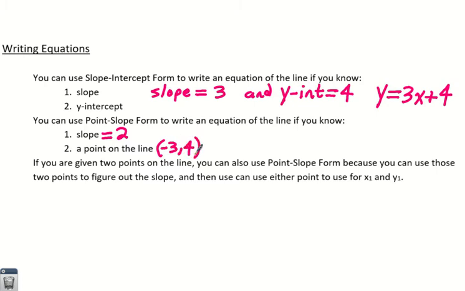You would plug in for y minus y1 equals m, which is 2, times x minus x1, so negative 3. And I'm just going to stop there, but obviously x minus negative 3 is simply x plus 3. It goes on to say, yada, yada, yada.